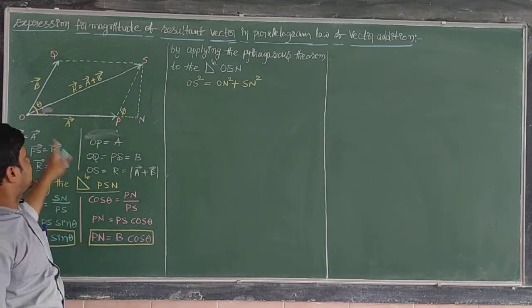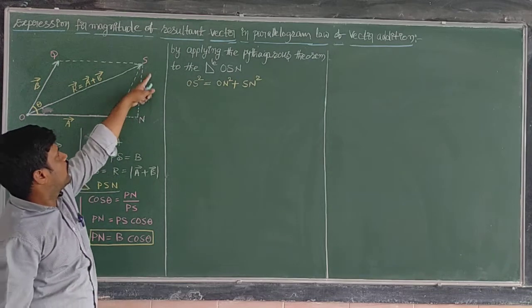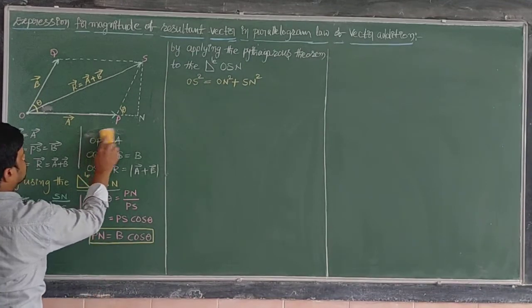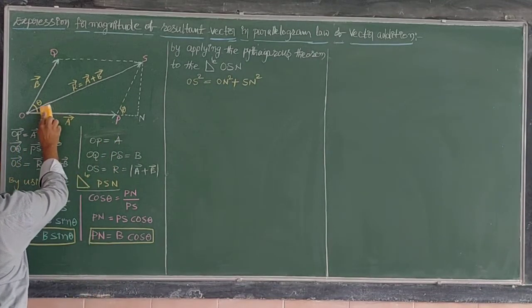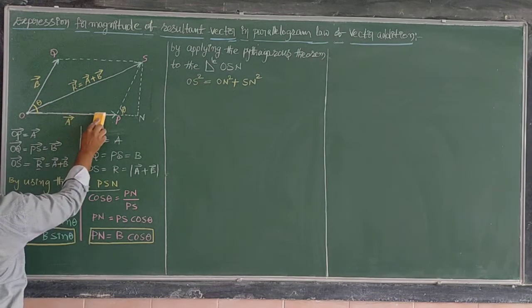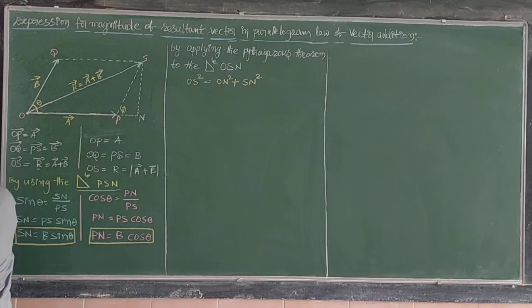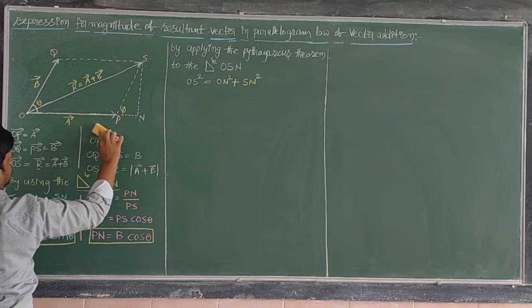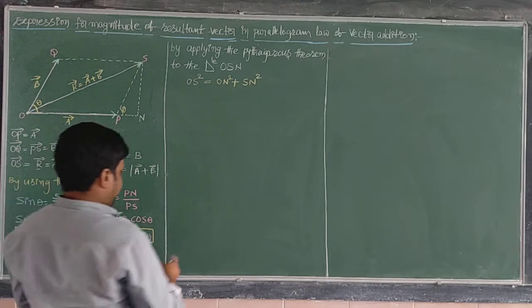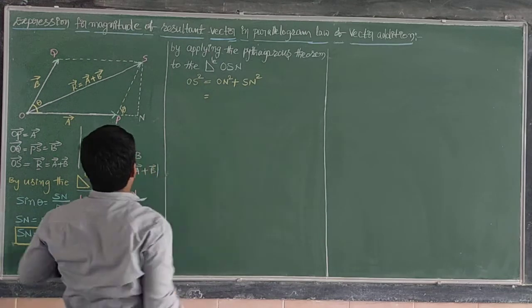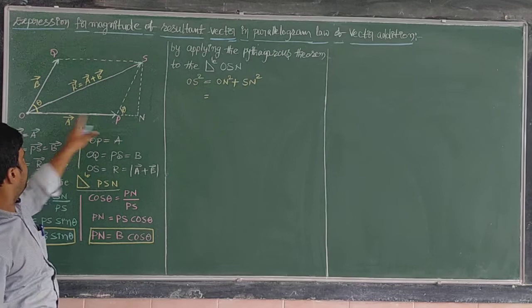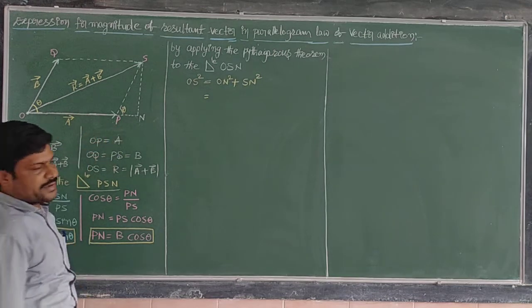The other two sides are ON and SN. Now, ON is equal to OP plus PN.